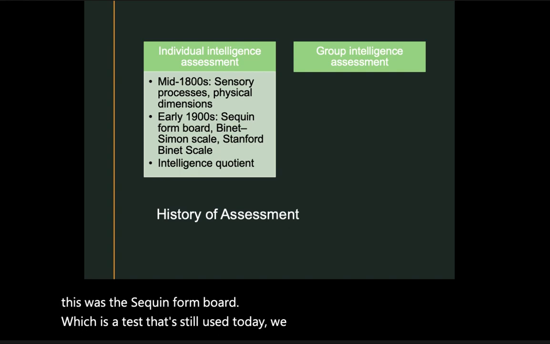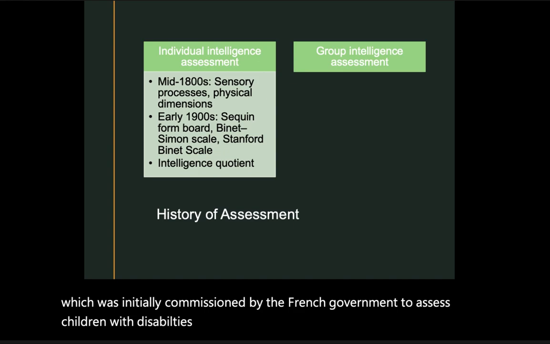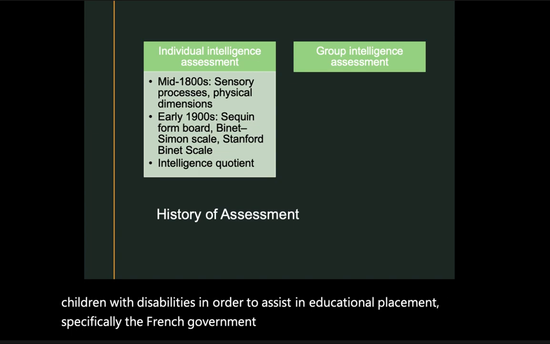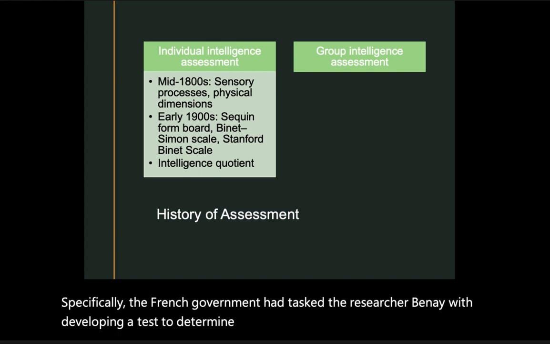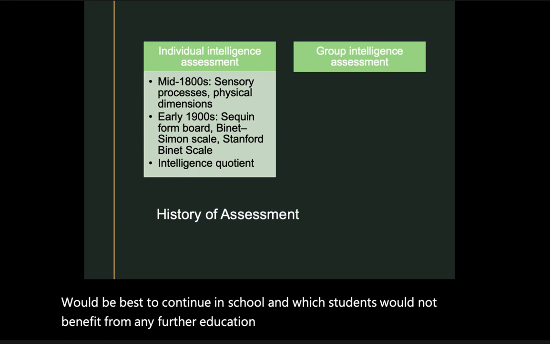We also have the Binet-Simon scale, which was initially commissioned by the French government to assess children with disabilities in order to assist in educational placement. Specifically, the French government had tasked the researcher Binet with developing a test to determine which students in school would be best to continue in school and which students would not benefit from any further education and should instead be moved out of the education field and into the workforce.